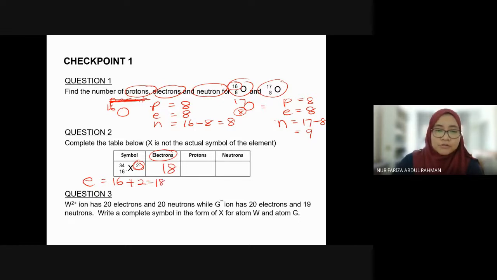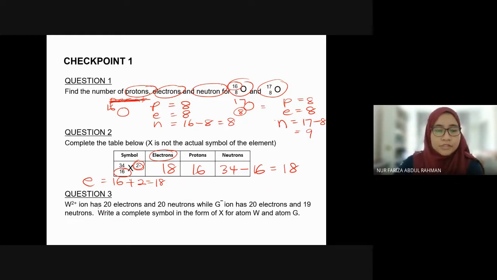Whereas for protons, we can get it straight away from the atomic number, which is 16. And for neutrons, we subtract the atomic number from the mass number, 34 minus 16, which is equal to 18. All right, so that is for question number 2.